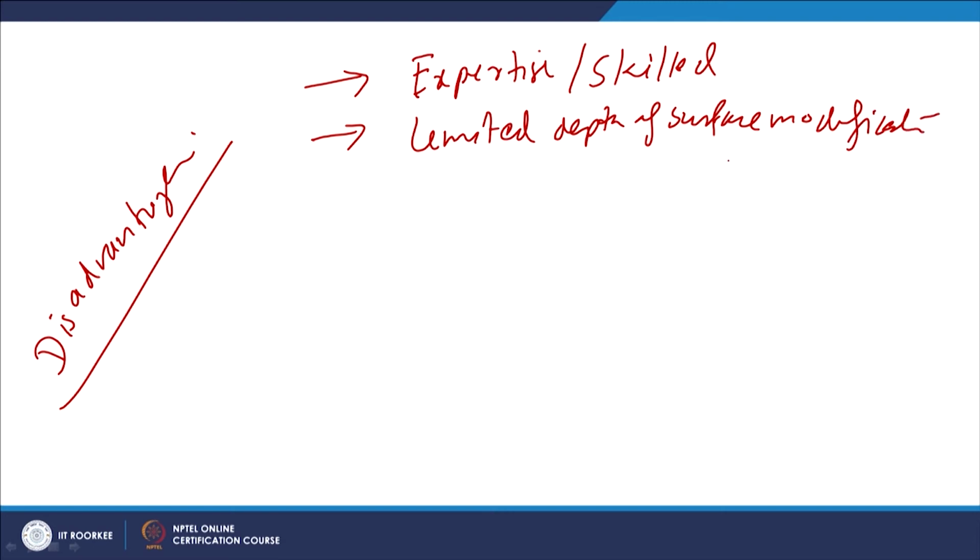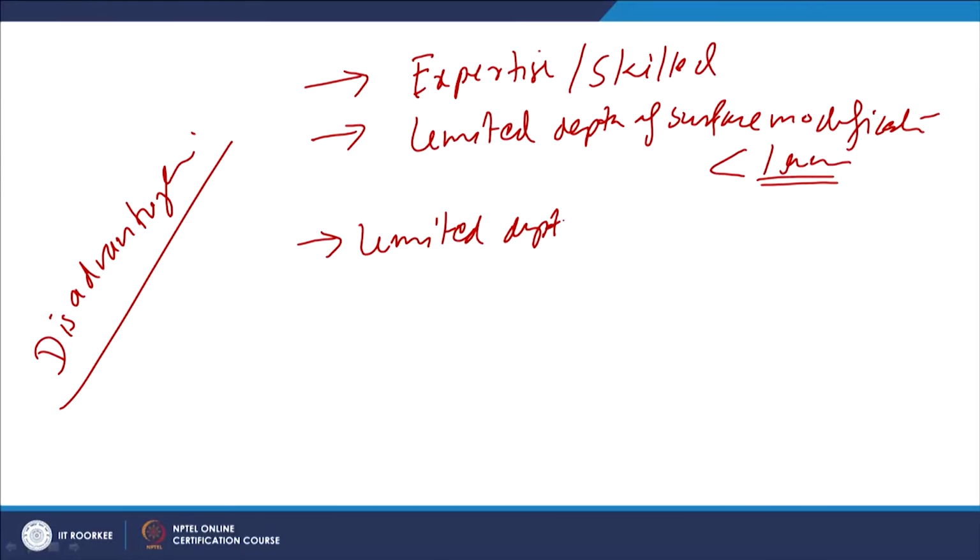As we have seen, normally the process is limited up to 1 micrometer depth. So, for those applications where we really need very thick modified surface layers and hard surface layers of greater thicknesses, this process cannot be used.